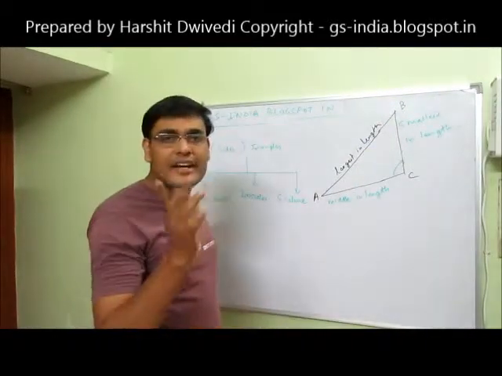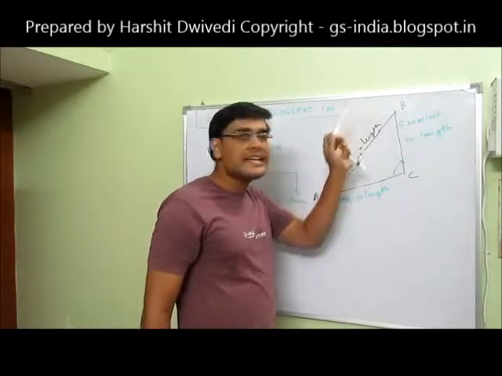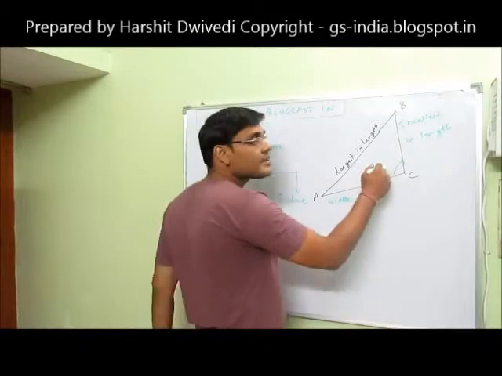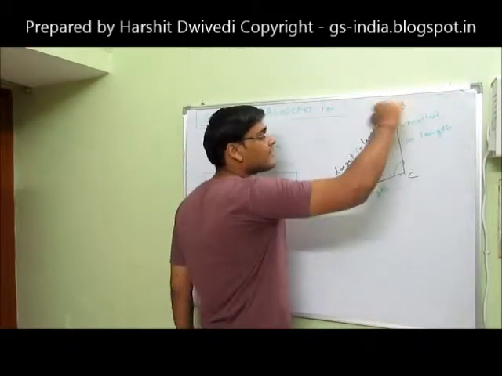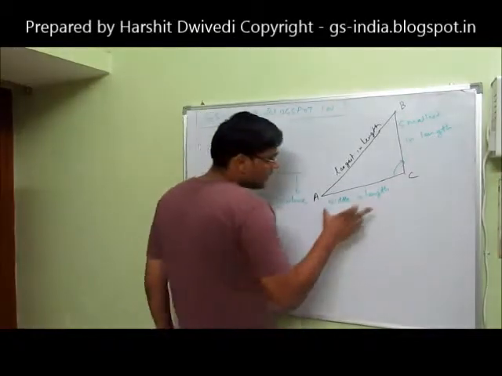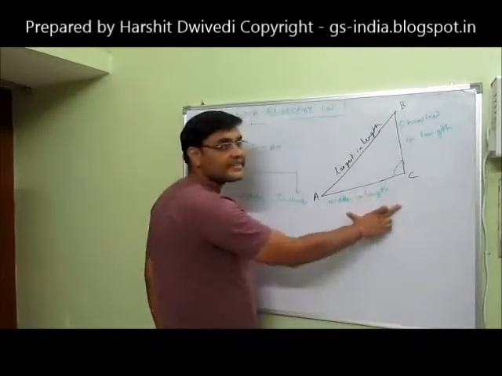That means you can say it in the converse too. If AB is bigger, then the angle opposite to AB, that is C, will be the biggest. And if angle C is the biggest, then the line opposite to angle C, that is AB, will be the biggest.